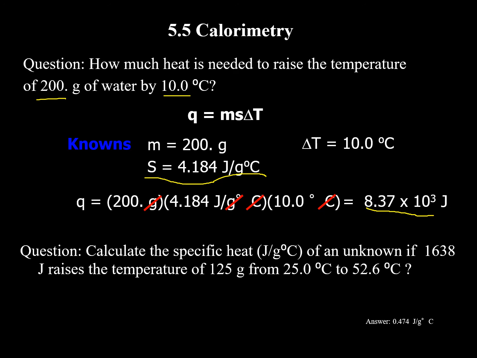So again here we have Q equals m s delta T. We want to isolate which variable? We want to isolate the s, specific heat. So the equation will come out to s equals Q over m delta T.